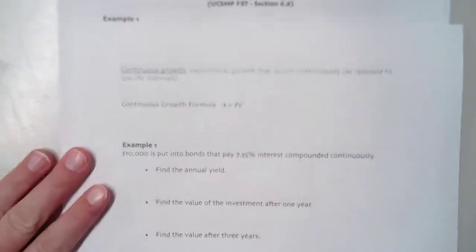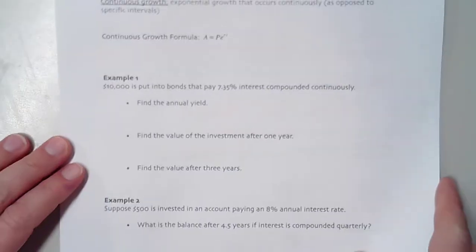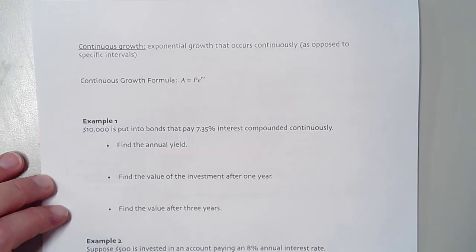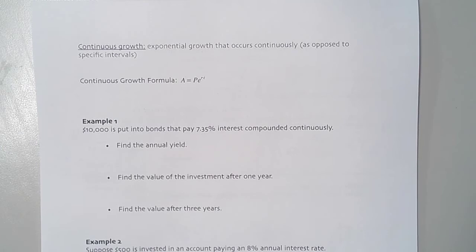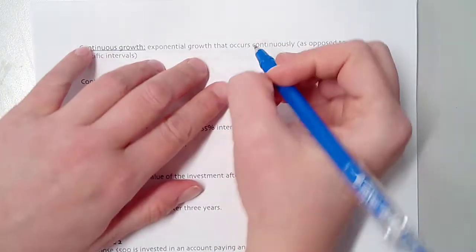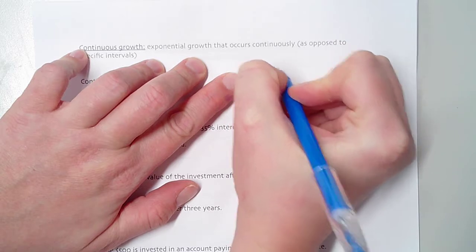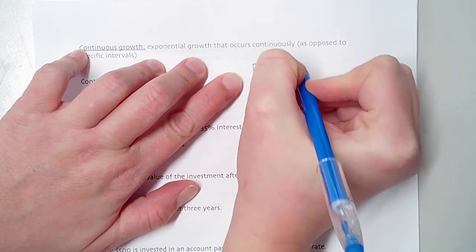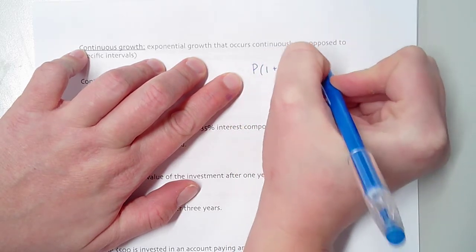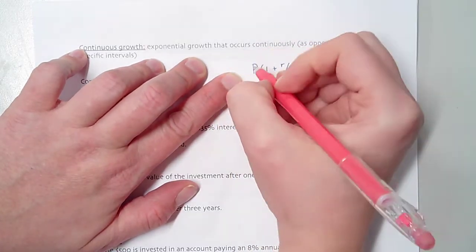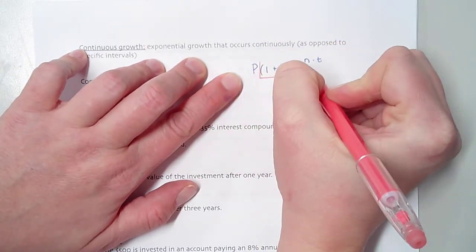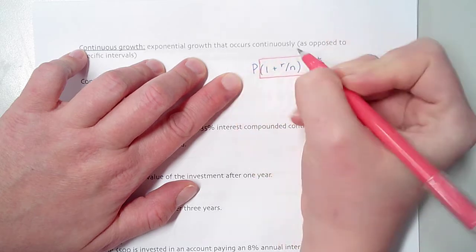Yes, I do. So continuous growth is exponential growth, but it's occurring all the time rather than like once every year or once every month or once every day. It's constantly growing, okay? And if we go back to that compound interest formula that we had just a minute ago, and I take this middle piece and replace it with what we just said.